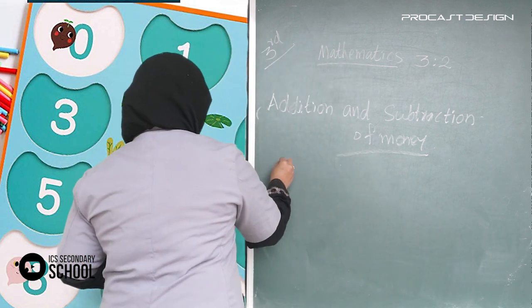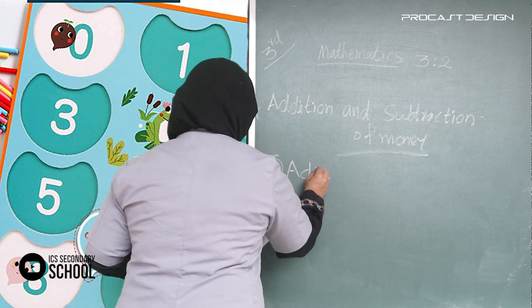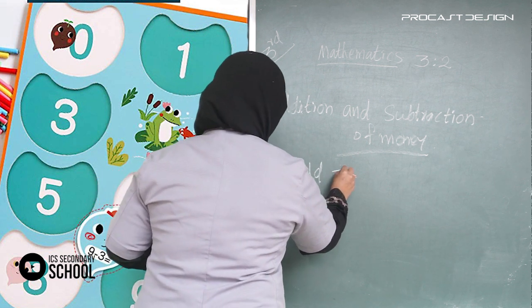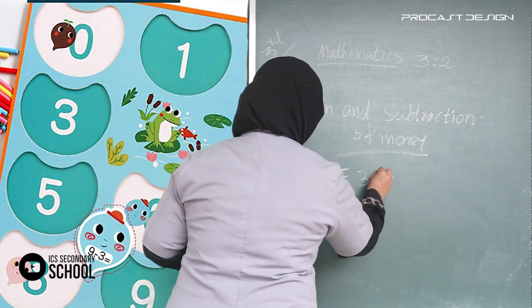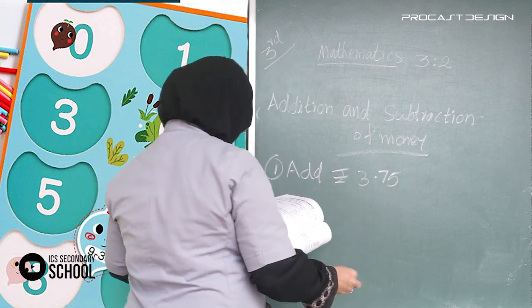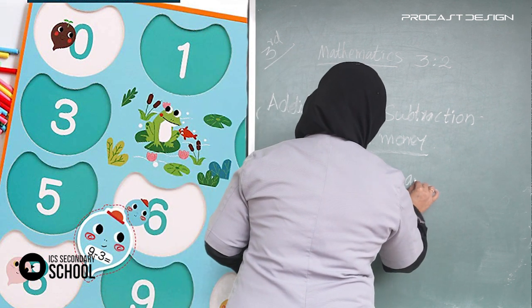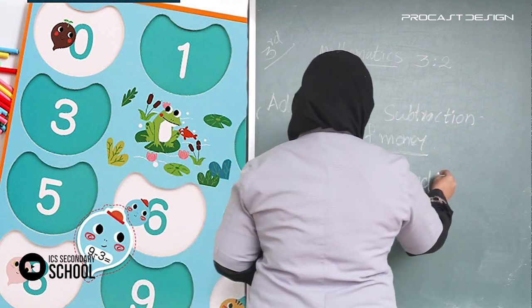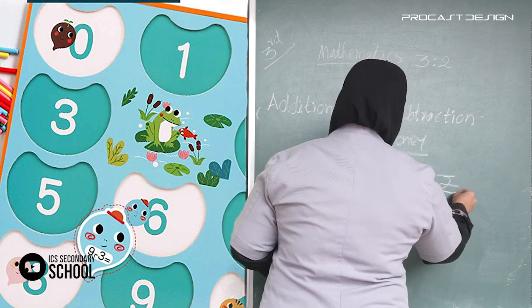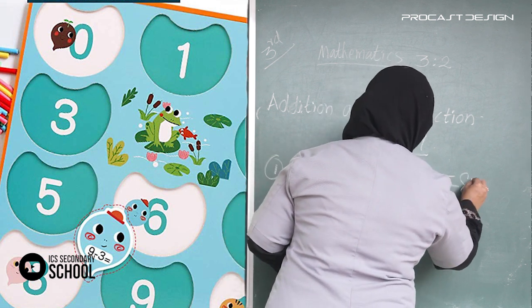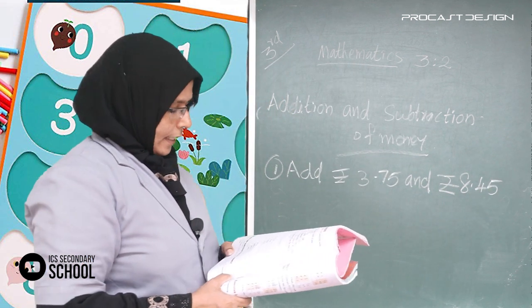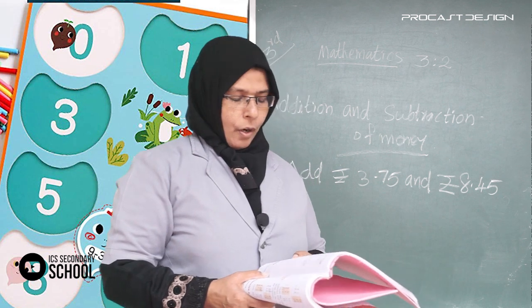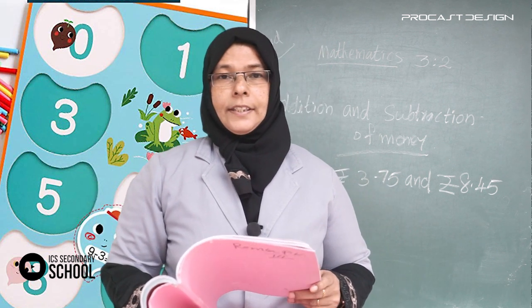First add Rs 8.75 and Rs 3.45. Listen, write the amount in the rupees and paise columns.